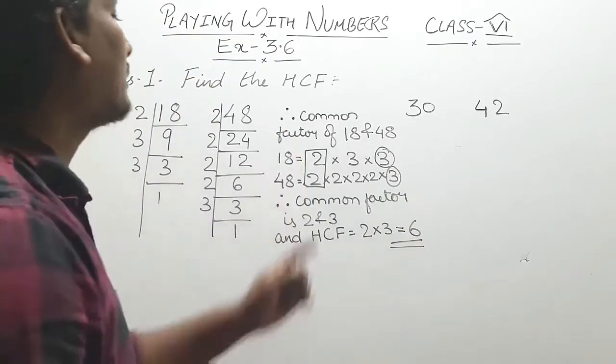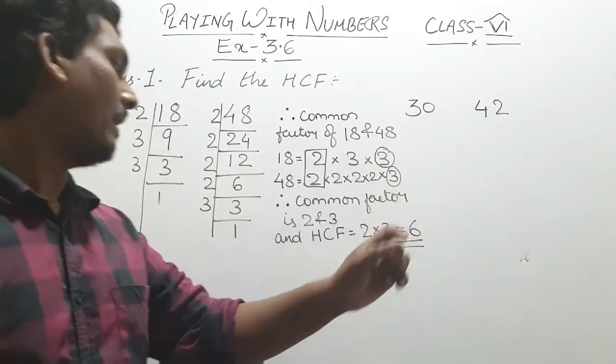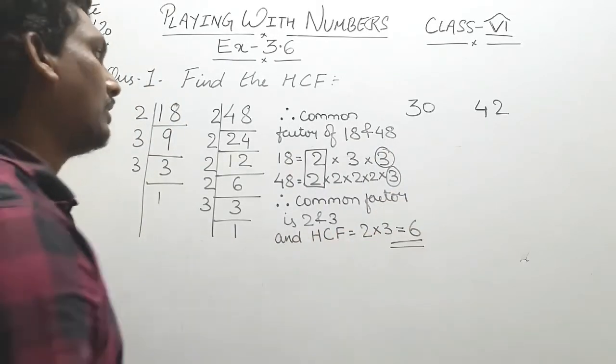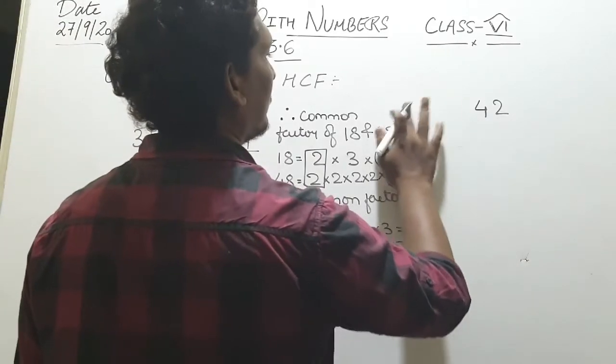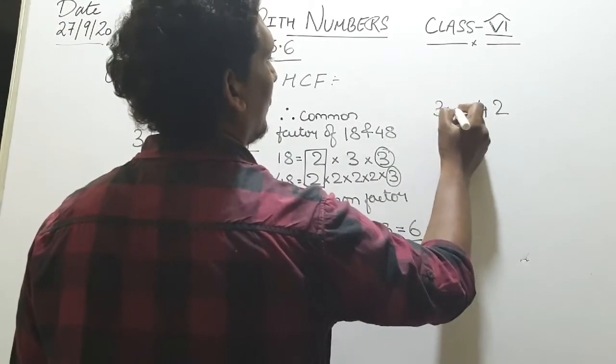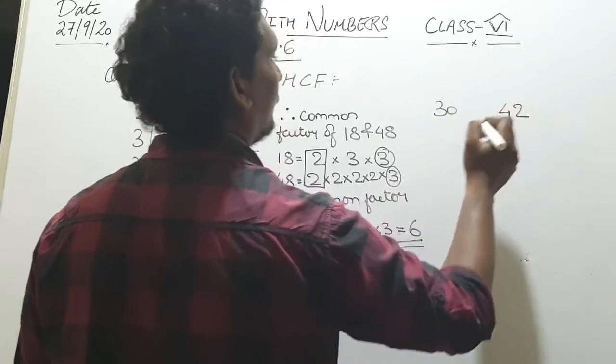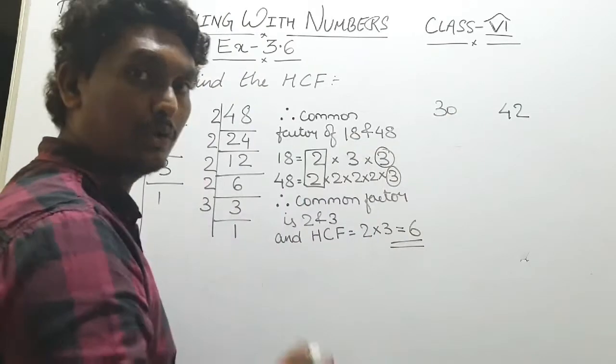So therefore the common factor is 2 and 3 and the highest common factor is 6, right? So here come to the next one, that is, I'm writing here 30 and 42.